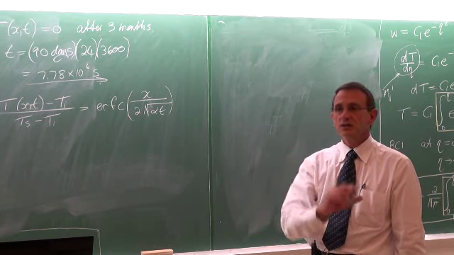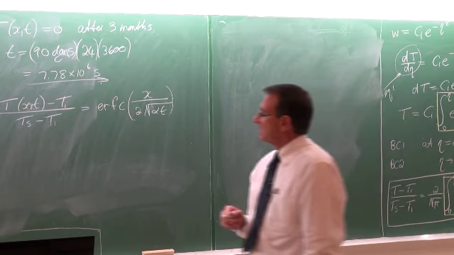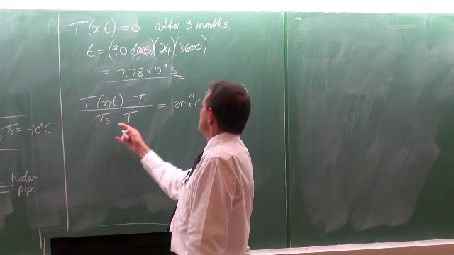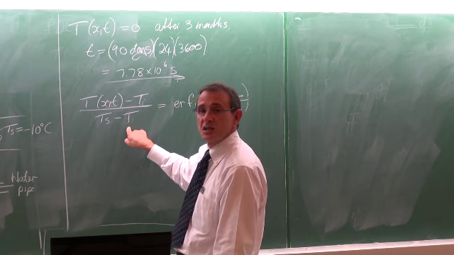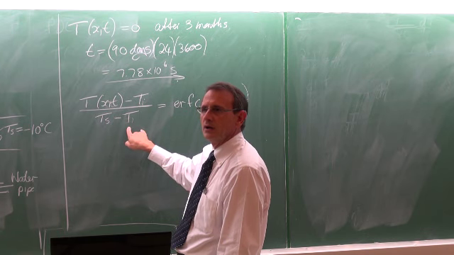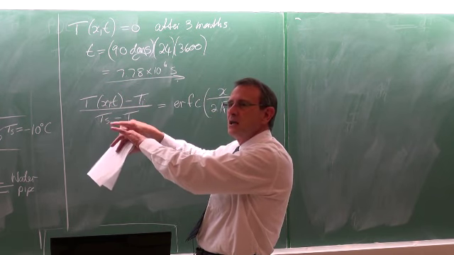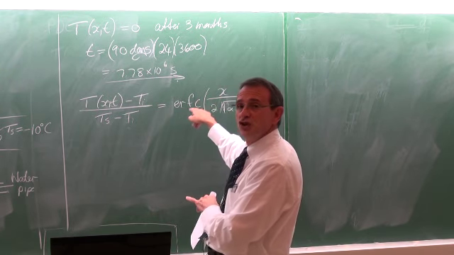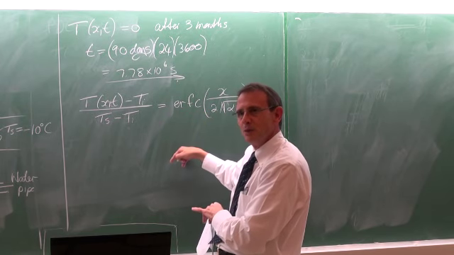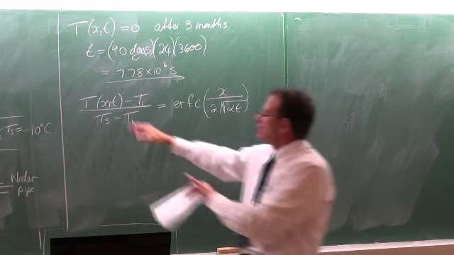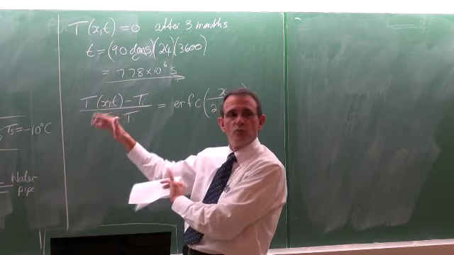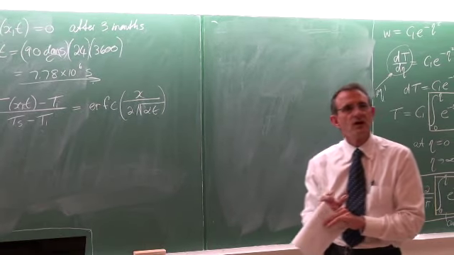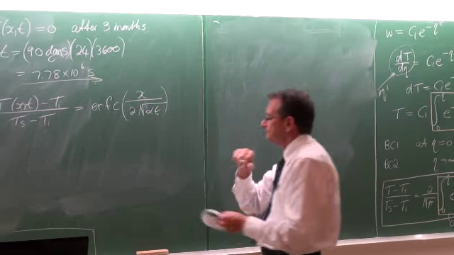Okay, something, ladies and gentlemen, that you should take a good look at is that sometimes this is Ti minus Ts, or that is Ts and that is Ti. Okay. And it looks as if there's a printing error in the textbook. But it has to do with the fact that sometimes the error function is used, sometimes the complementary error function is used, and you can write it in different convenient forms. Sometimes you can get rid of the minus 1, etc. So just be careful. You'll see that there are differences.